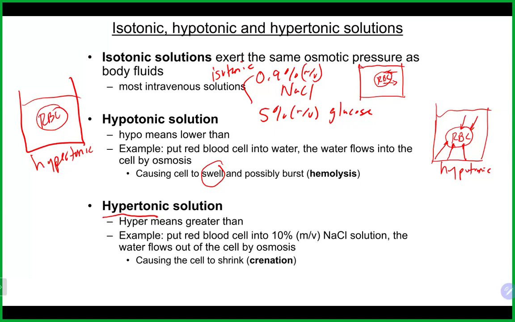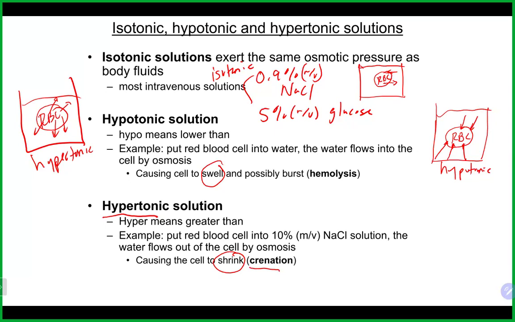But in this case, your cell is going to go, we need to dilute everything that's outside of me. And basically everything's going to rush out of the cell in an effort to dilute down all the surrounding solution, which is more concentrated. The result of that is we're going to see the cell start to shrink and go through crenation, which is also not such a good thing here.